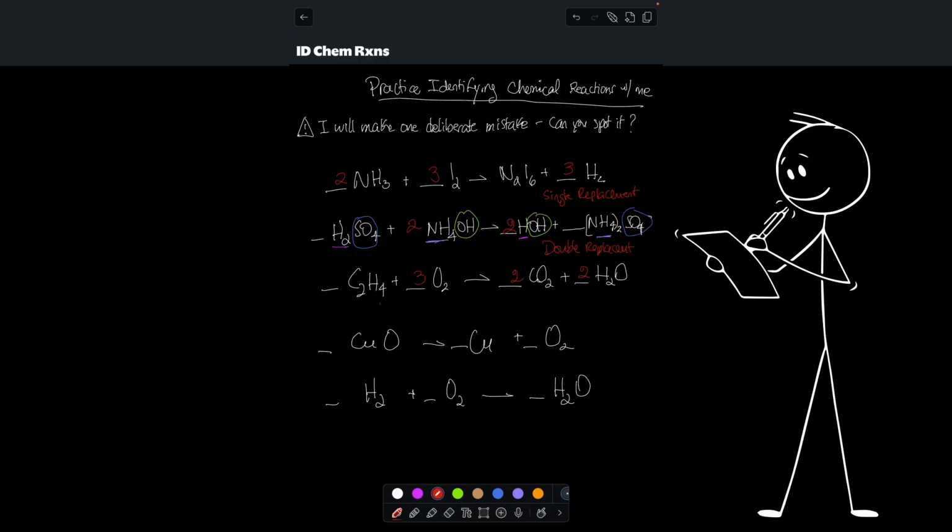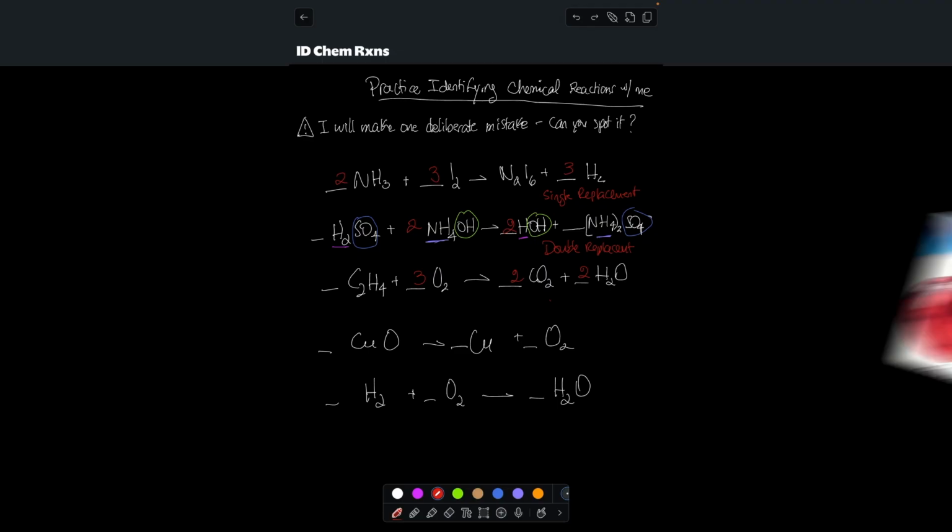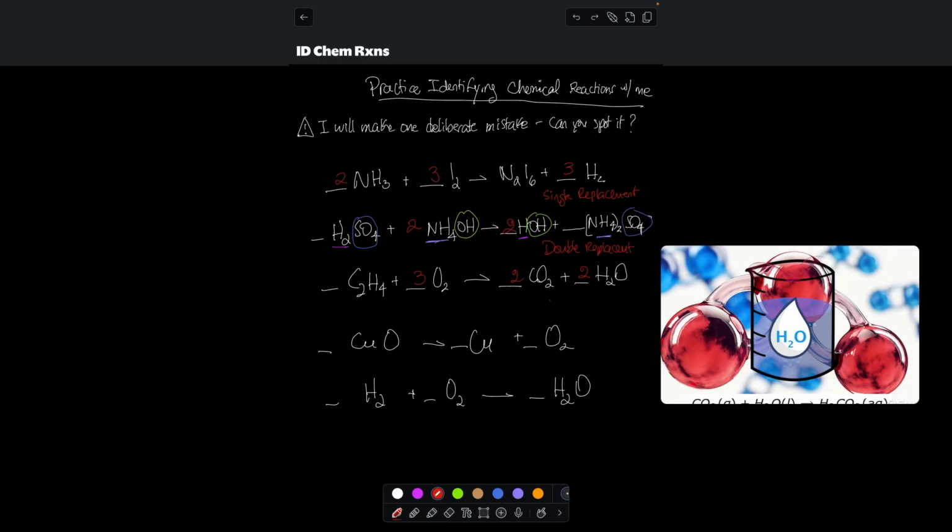And now we just have to make sure that the number of hydrogens match on both sides. We have 4 on the left, which is good because we also have 4 on the right, right? 2 times 2 gives us 4. So now this equation is balanced, and you will see that we have produced carbon dioxide and water.